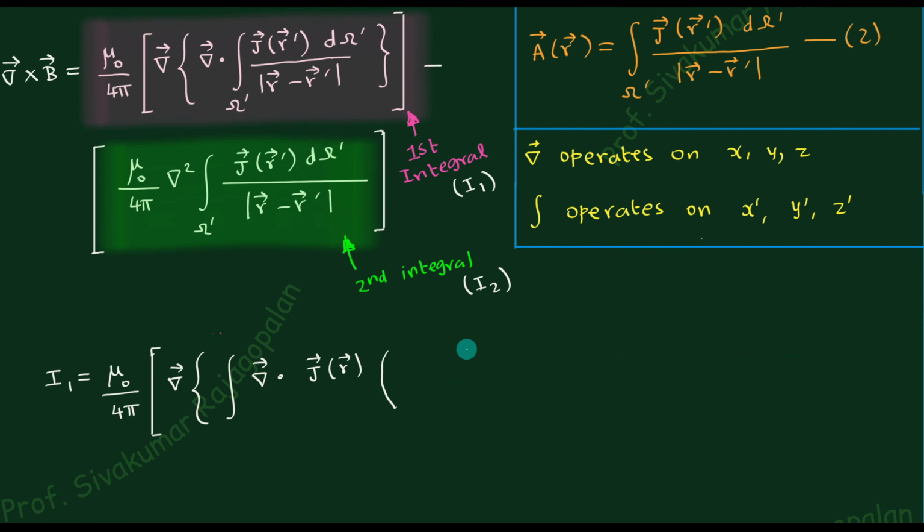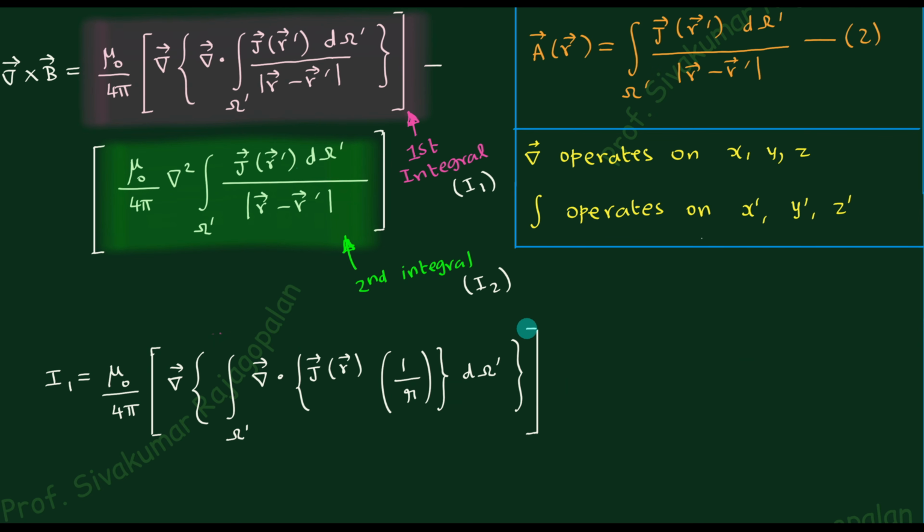So I'll simply write down something like 1 over r. You can write 1 by r minus r prime, but I will write 1 by script r so that it will be comfortable. You have to be careful. The divergence is up to that. Then you have d omega prime, and then the big bracket you have to close.